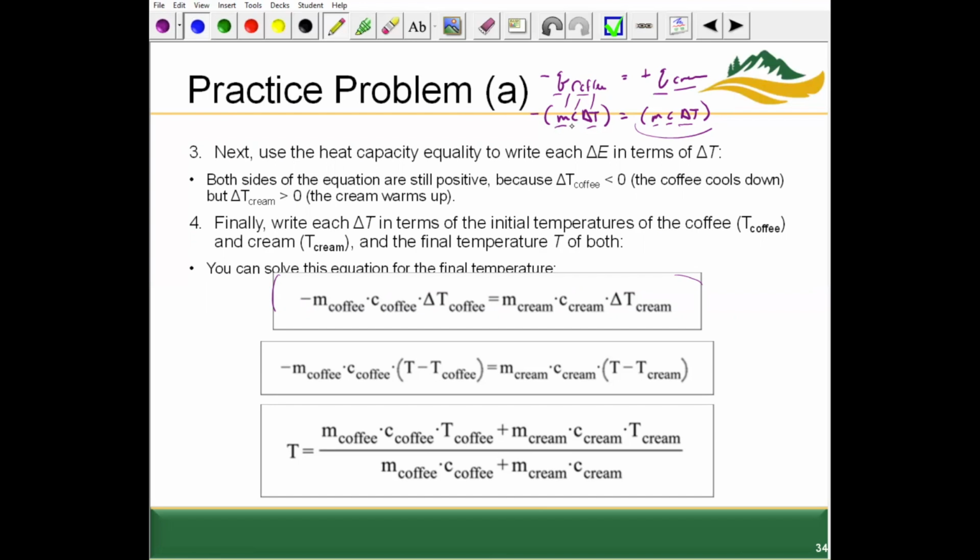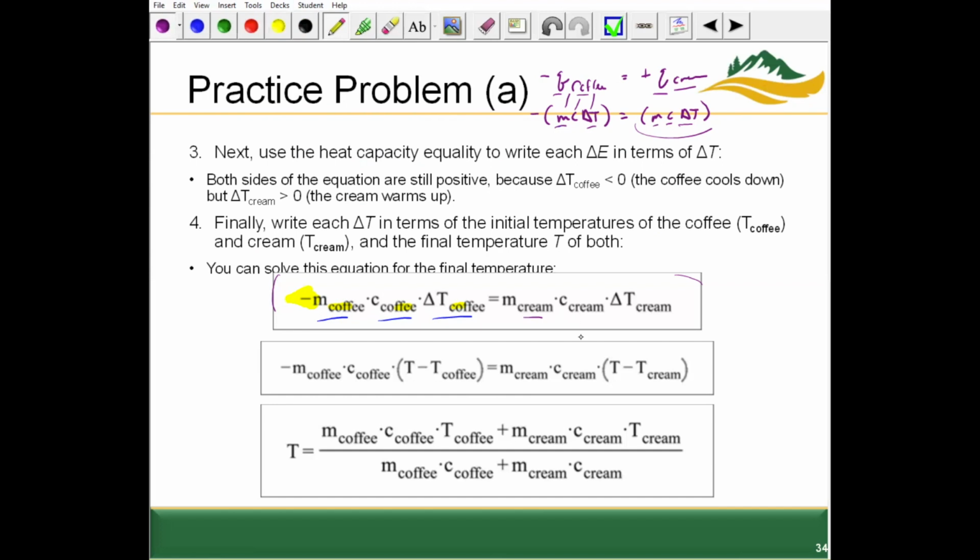So here, plugging in the meaning, mass of the coffee, the specific heat capacity of the coffee, the change in temperature of the coffee, we still have that negative sign out front because the coffee is losing heat or losing thermal energy and the cream is gaining it.